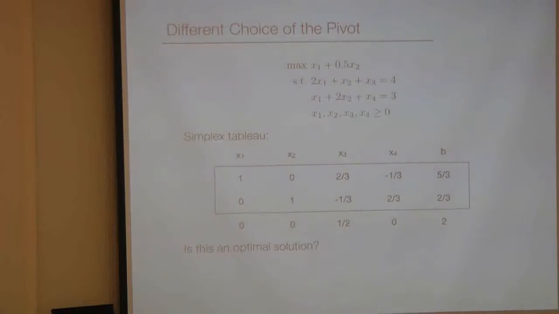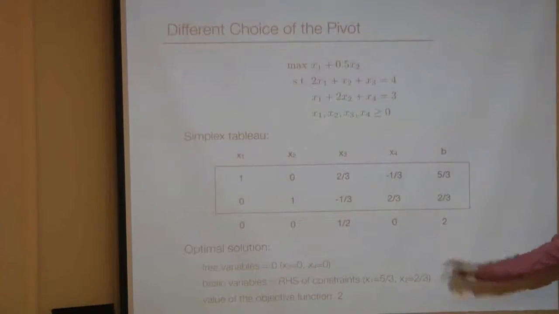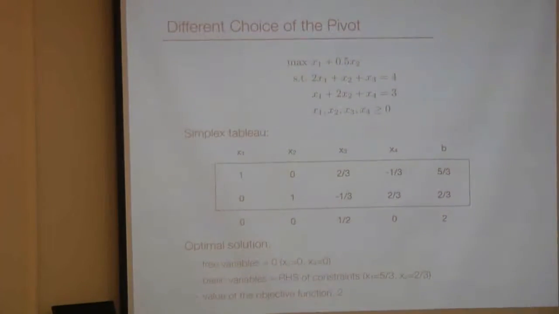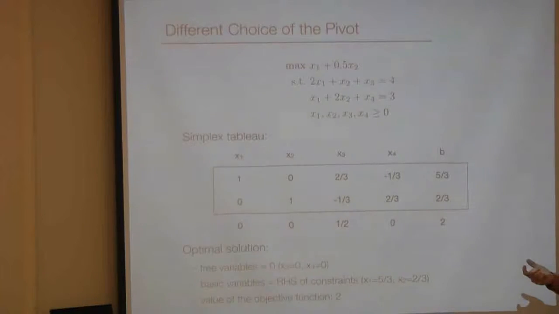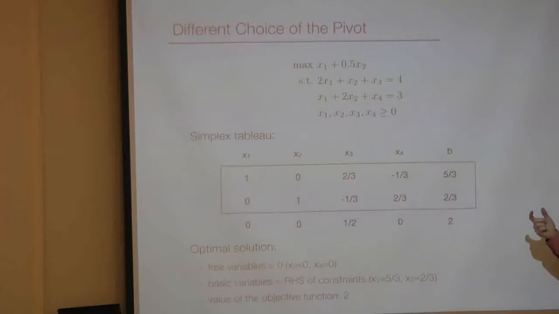Is this an optimal solution? It is, because all entries are non-negative. And we again perform the classification. And what you might see is that we have the same value of the objective function as before. But actually the solution is different. Before it was, I believe, what was it?